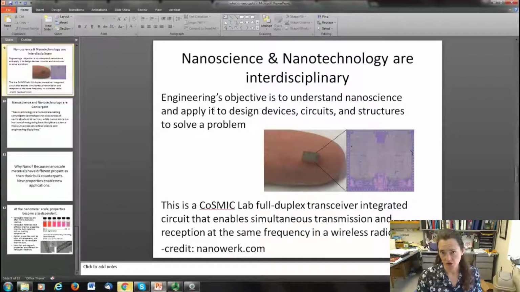For example, there have been a lot of advances in nanoscience and nanotechnology spurred on by the information age and the miniaturization of components for computers, cell phones, and things like that. This example shows a tiny transceiver chip integrated into a circuit, and it fits on this guy's finger. Even 50 years ago this would have been inconceivable, and so advances in technology have made our information age possible.